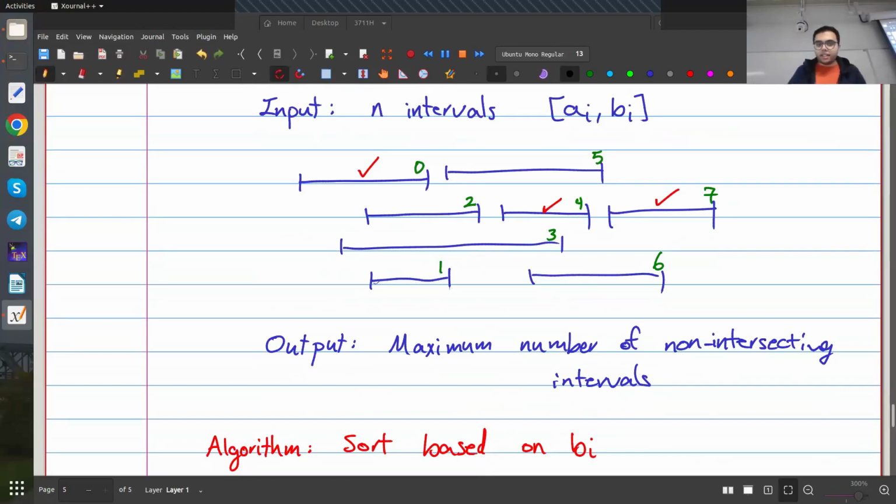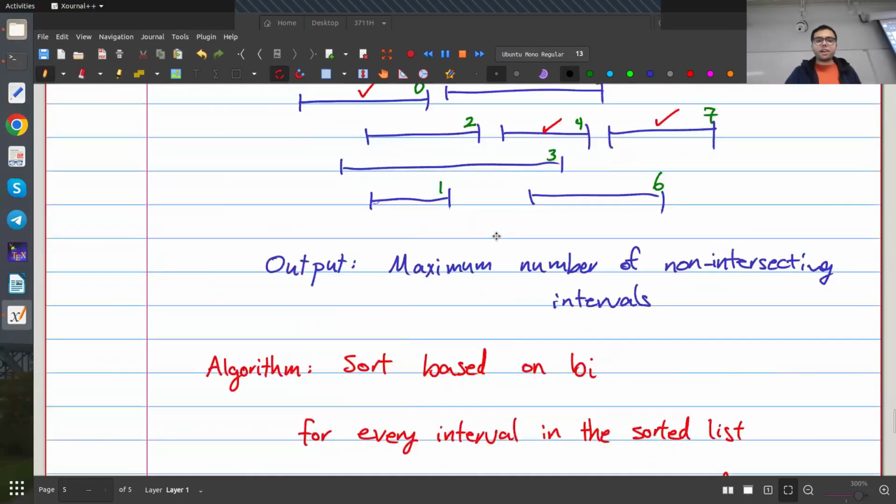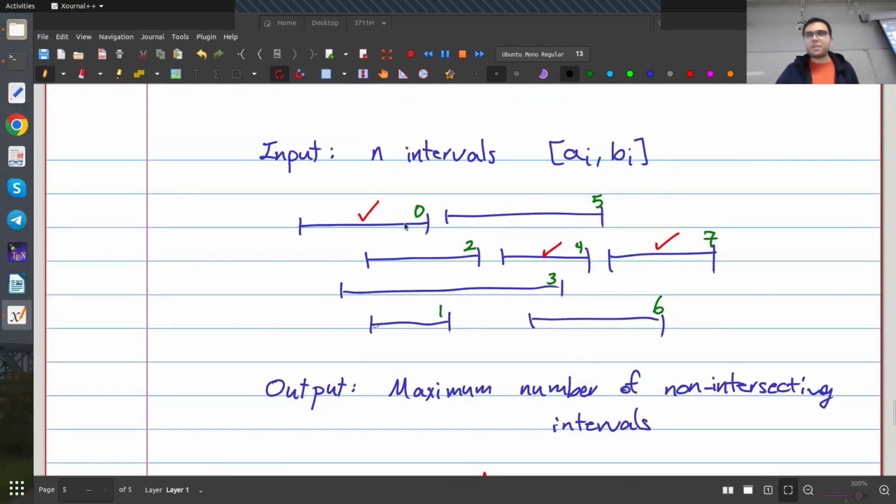Now, here's the thing. I just look at this first interval, interval 0, the one that ends the soonest. My algorithm is always taking this one into the solution, right? Now, I say, let's look at this other solution T. Does T also include this same interval? If it does, then it cannot include any of the intervals that intersect with 0.